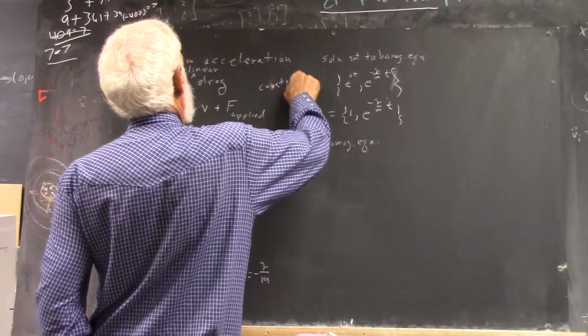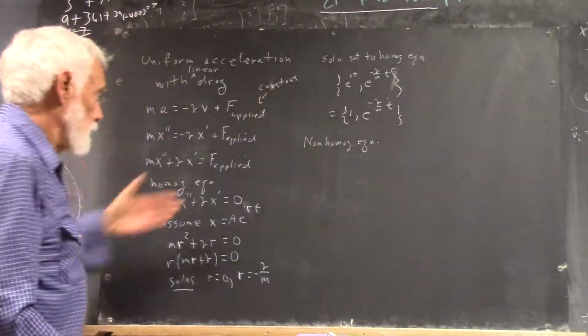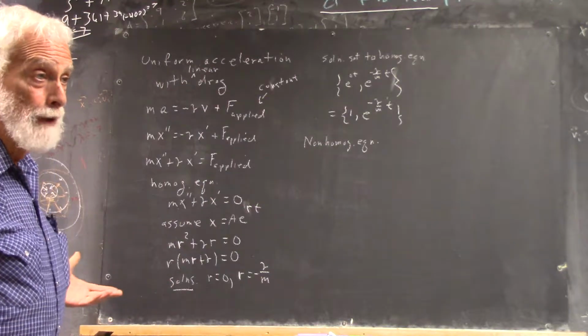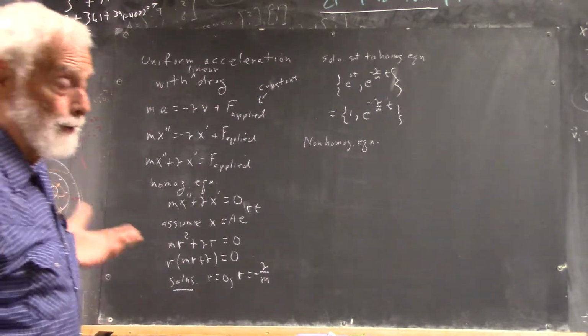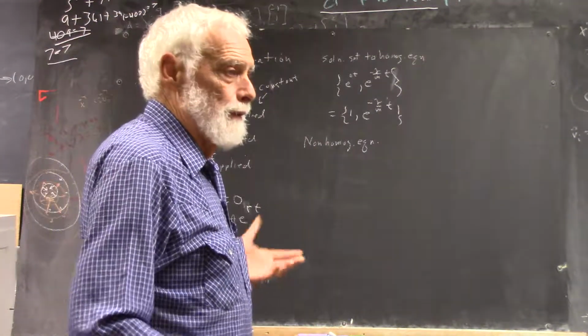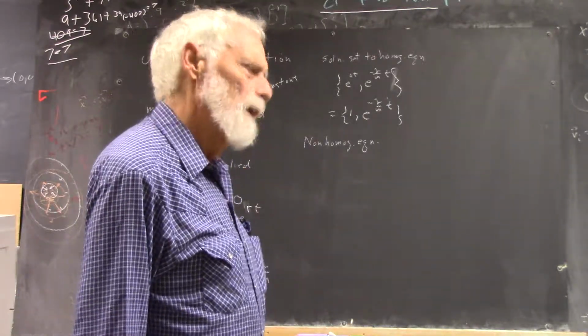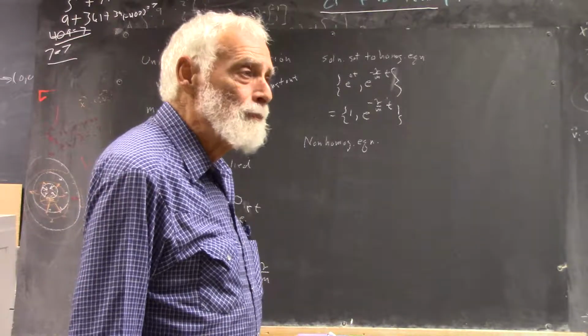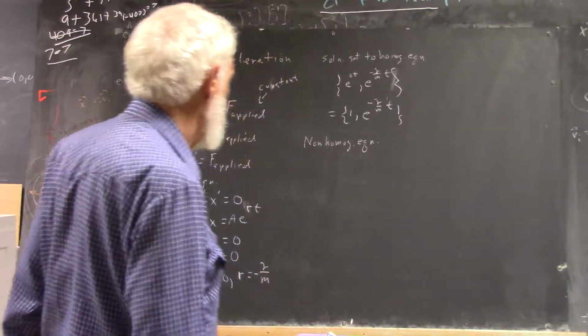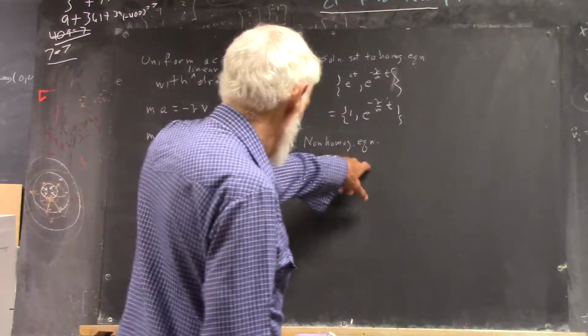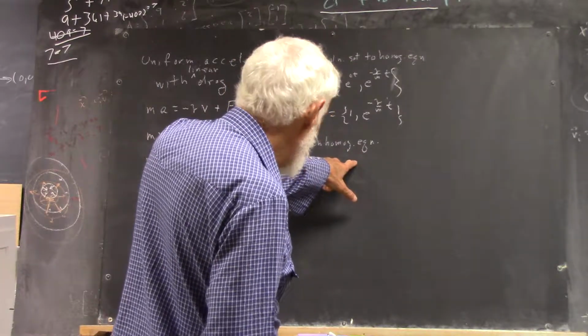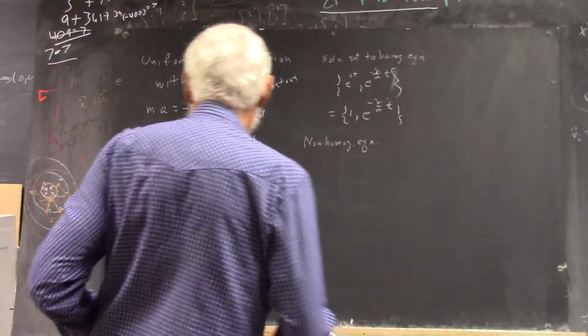Now, if F applied is something besides a constant, well, you have to try a different trial solution and hopefully be able to find it. Now, there's also the variation of parameters technique that we'll develop much later. Not that much later, probably around late October, November.